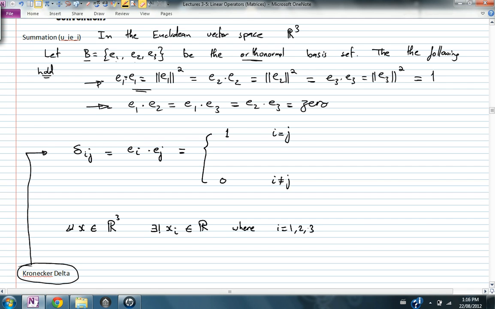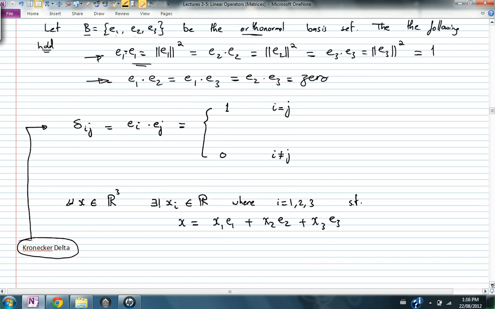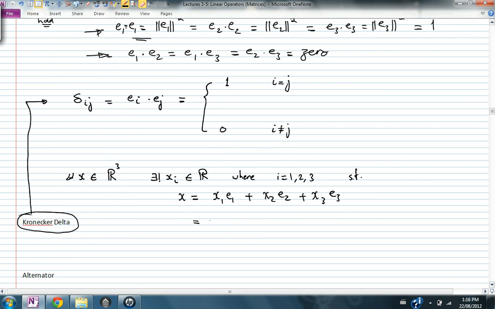So we have 3 components such that x can be written uniquely as x1 E1 plus x2 E2 plus x3 E3, which we can write as the sum from i equal 1 to 3 of xi ei.